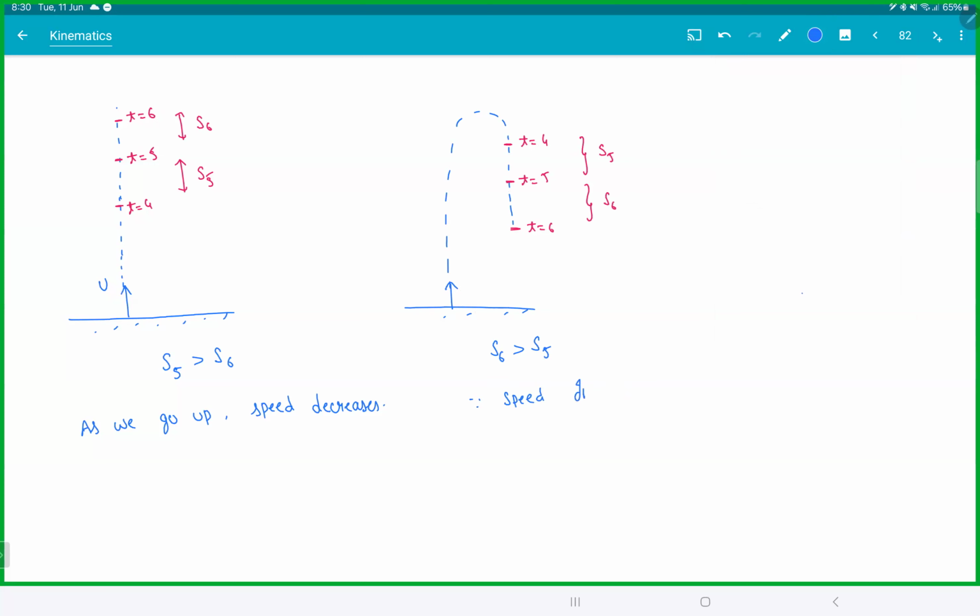Then what is the only possibility you're left with? You should be going up and coming down at the same time. That means t equals 4 is here, t equals 5 should be the topmost point, and you must be traveling equal times on both sides. Means it must be symmetrical about the center, isn't it? Is that making sense? You can't travel equal distances while going up, and you can't while coming down. This is the only thing left.